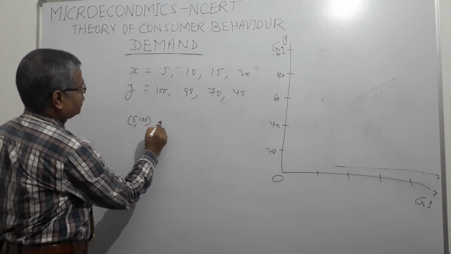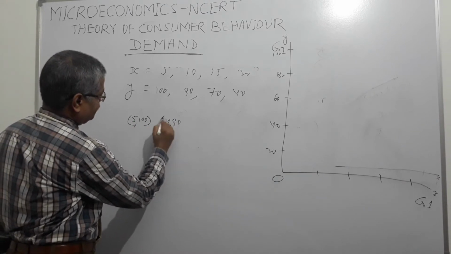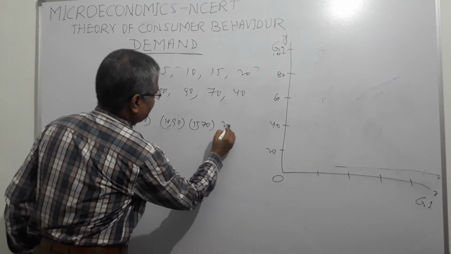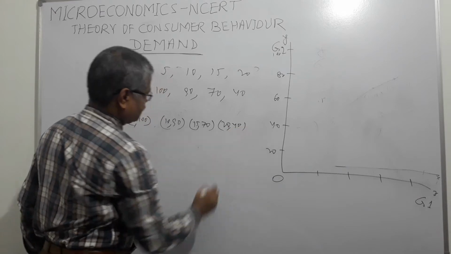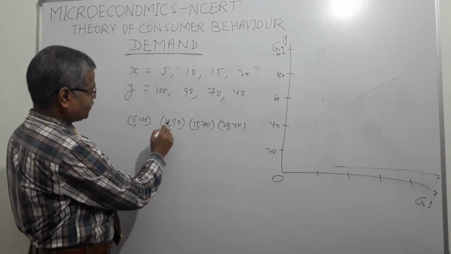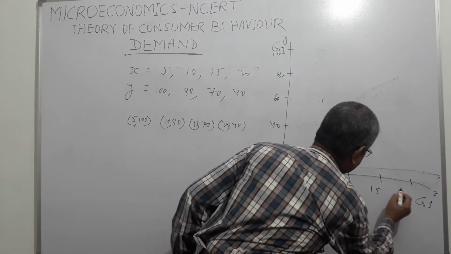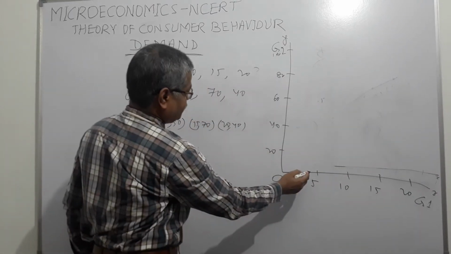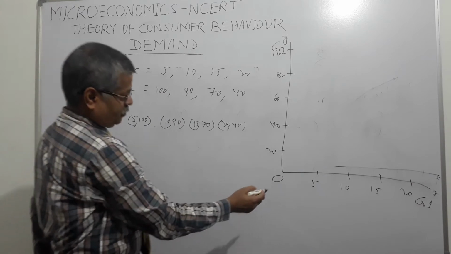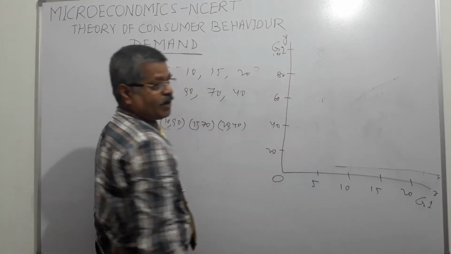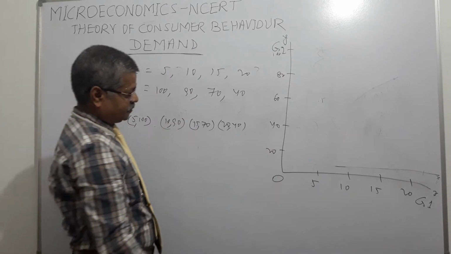How does it go? 5, 100; 10, 90; 15, 70; 20, 40. X, Y. This is 5, 10, 15, 20. So 5, 100, where is it? 5 of X, 100 of Y. Right?